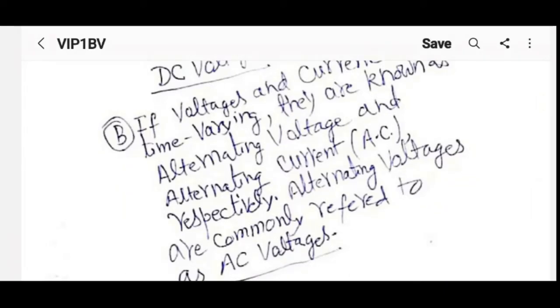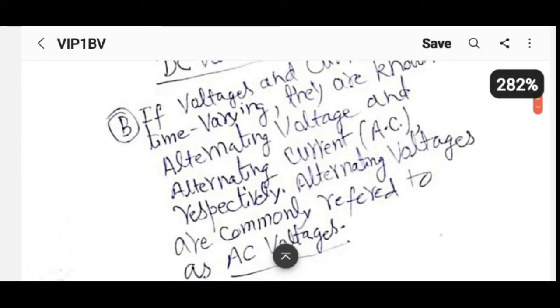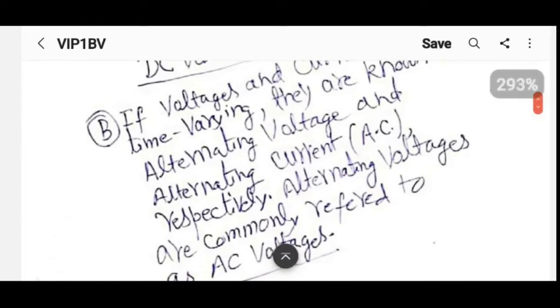Now, if these quantities, voltage and current, change with time, you will see two different cases. One is that the value repeats itself after a certain time period. Then it is called periodic current or periodic voltage. The other is that it could vary in an unpredictable fashion with time. Then that's a different case.